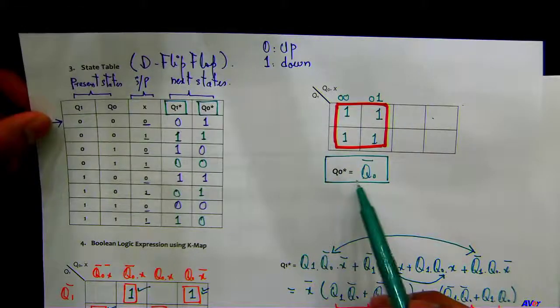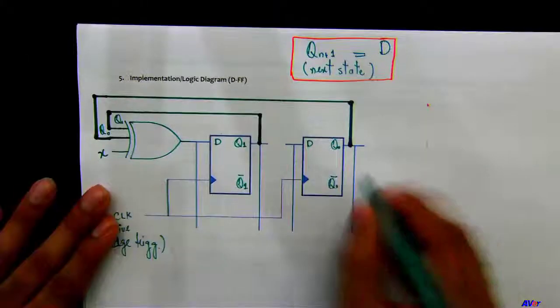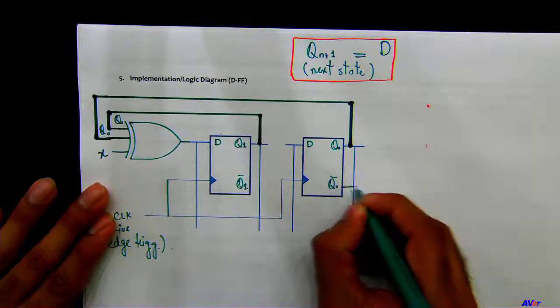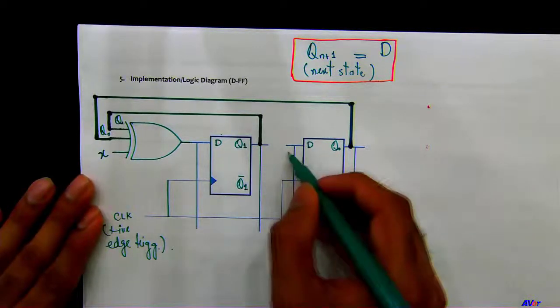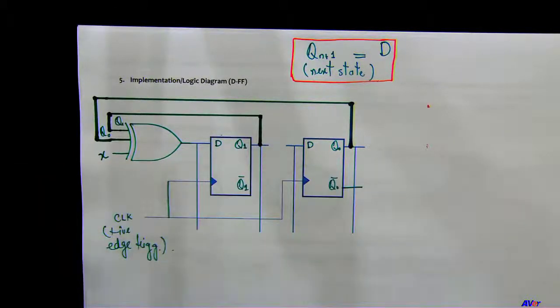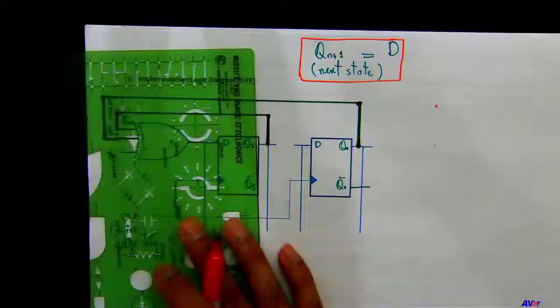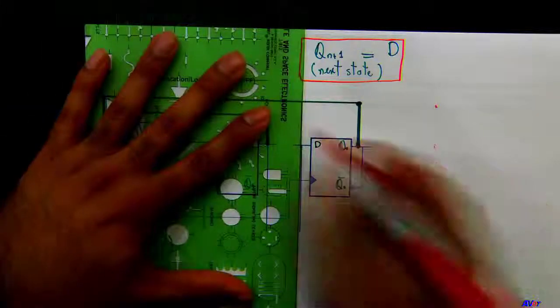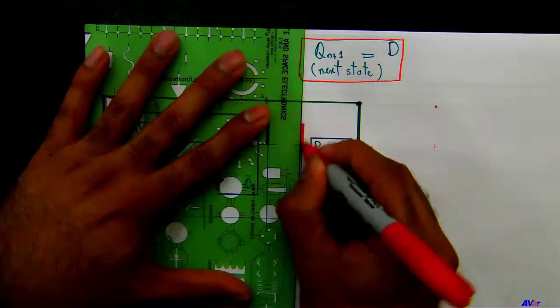Now I need to get Q0 asterisk, which is Q0 bar. Okay, so Q0 bar is right here, correct? So I can just feed that back into this D flip-flop, correct? So I'll use a different marker. So this goes here.